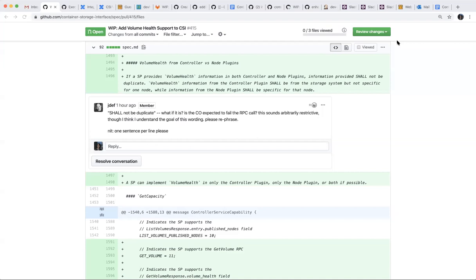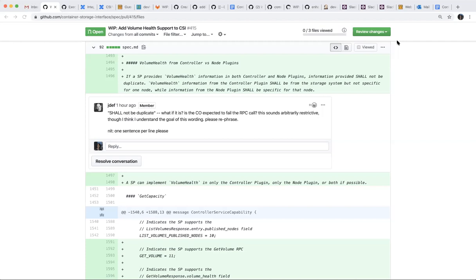I think right now we're talking about what we do if a driver only has a node plugin. I guess that's what we are trying to decide. I would be fine to say that if a driver only supports the node plugin, then the amount of health information you can get from it is going to be limited.